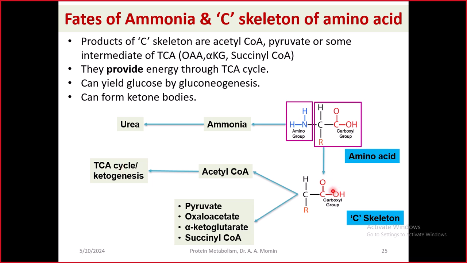Or this carbon skeleton can be converted to alpha keto acids like pyruvate, oxaloacetate, alpha ketoglutarate and succinyl-CoA, and these are intermediates of the TCA cycle. They can complete the TCA cycle, or they may be utilized in the formation of glucose via gluconeogenesis.